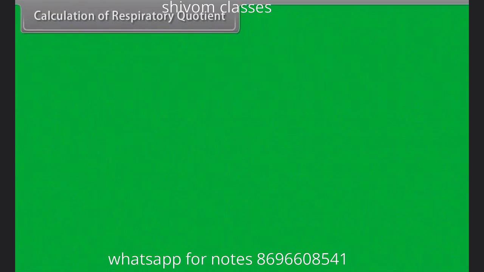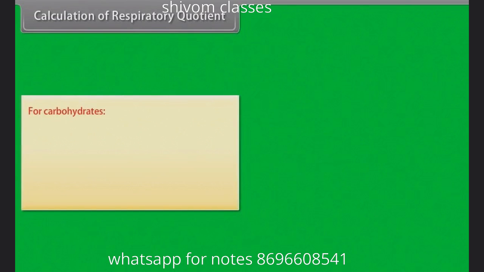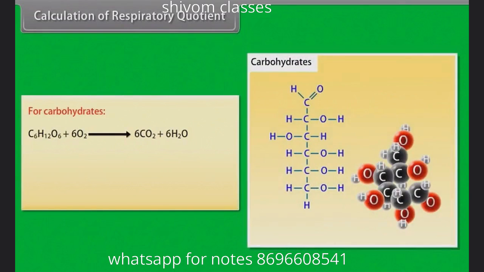Calculation of respiratory quotient. For carbohydrates, C6H12O6 plus 6O2 gives 6CO2 plus 6H2O. Respiratory quotient can be calculated as 6CO2 by 6O2 is equal to 1.